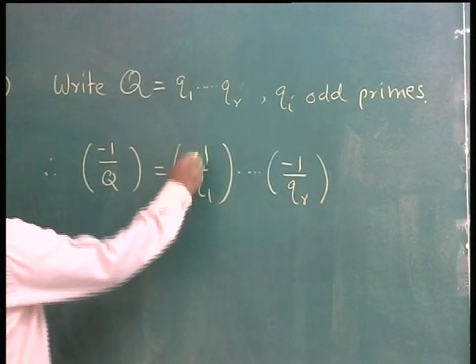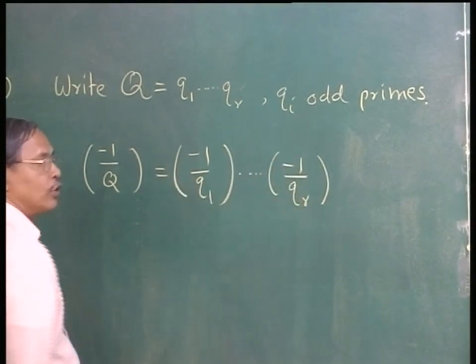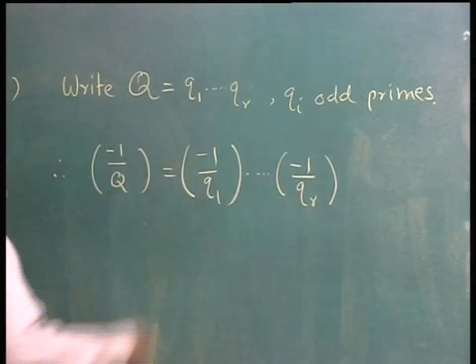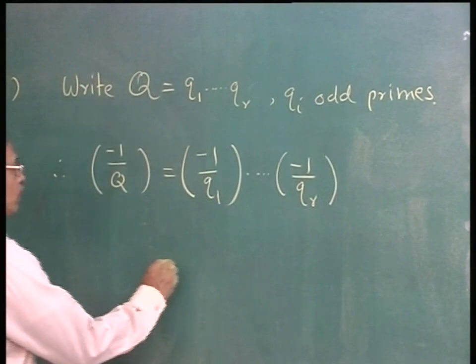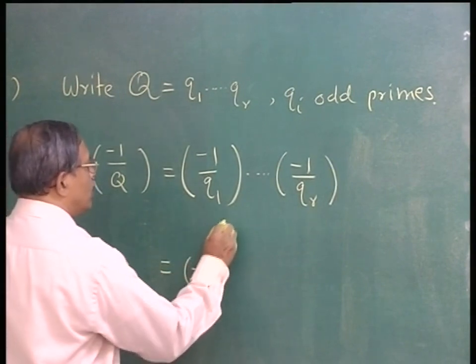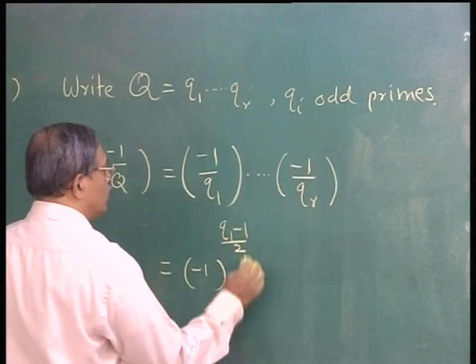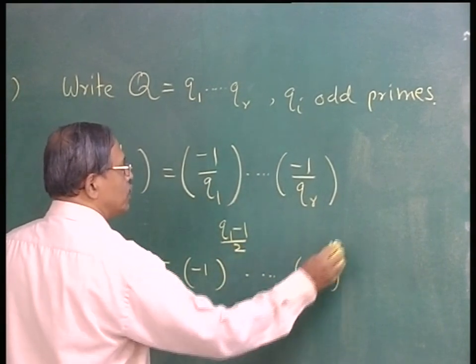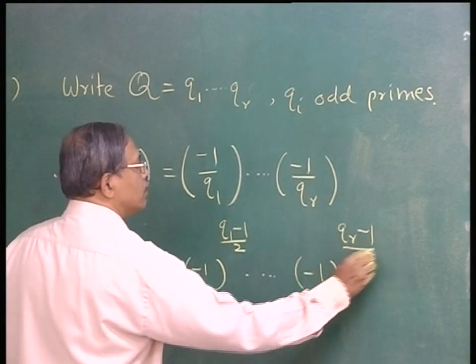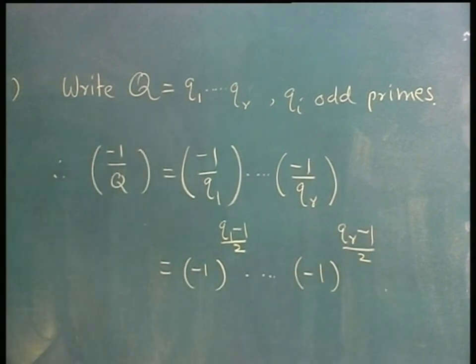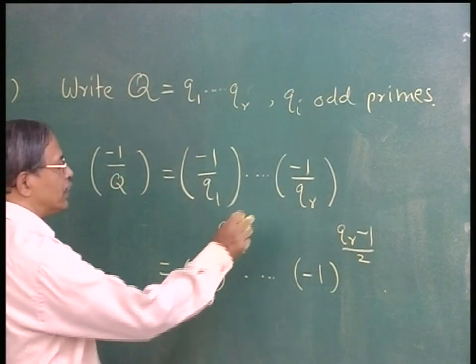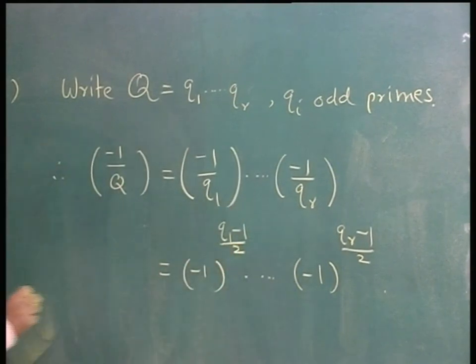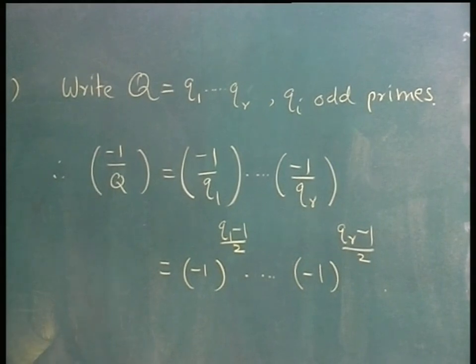But what are these (-1/Q1), (-1/Q2), (-1/Qr)? We know the value of this Legendre symbol. These are all Legendre symbols. This is equal to (-1)^((Q1-1)/2), etc., (-1)^((Qr-1)/2). So (-1)^A times (-1)^B times (-1)^C, etc. This is the addition of the powers.